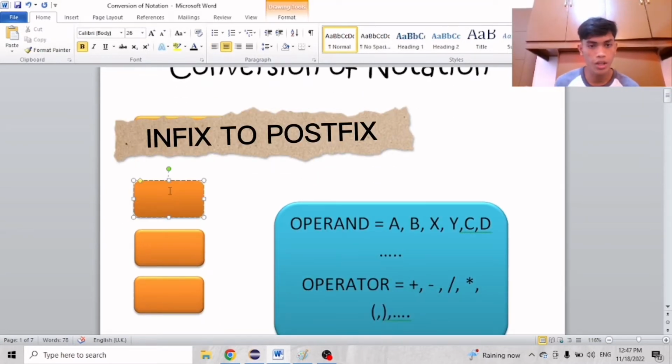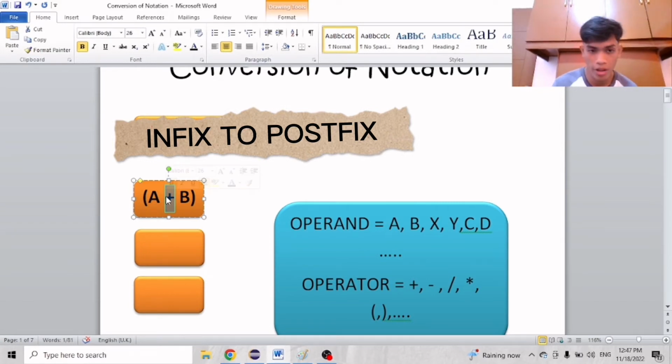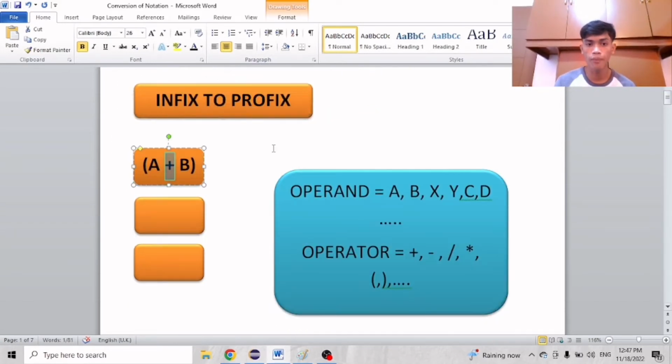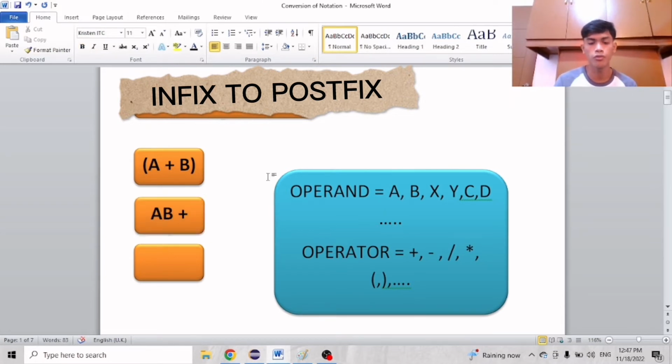First, what is infix? There's an example, E plus B. In infix, we can see the operator is between the operands. And the postfix is EB plus. The difference between infix and postfix is that the operator comes after the operands.